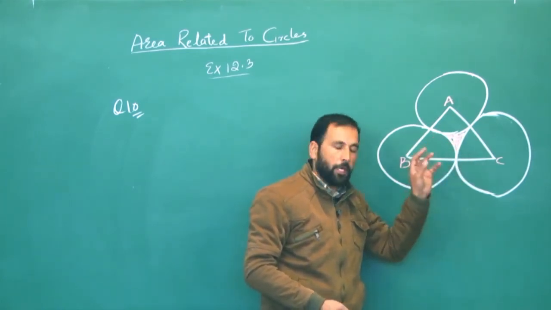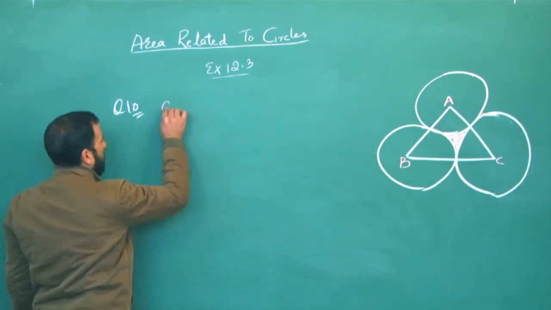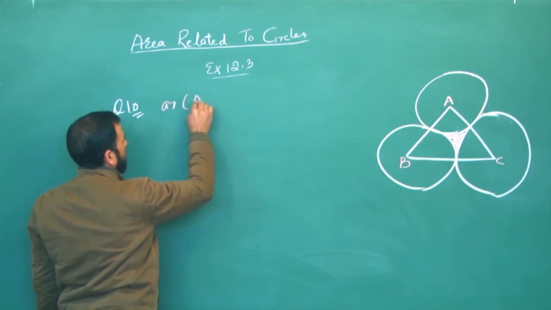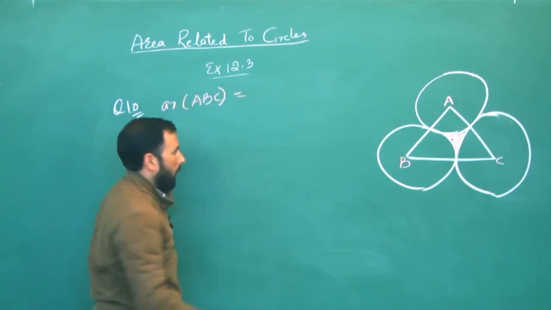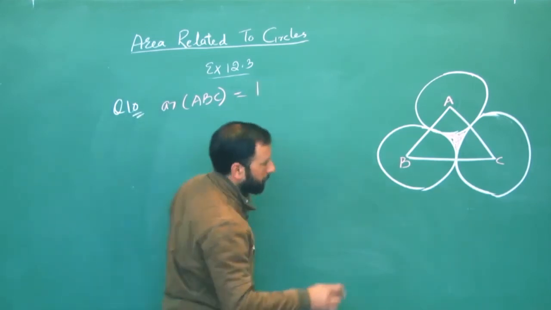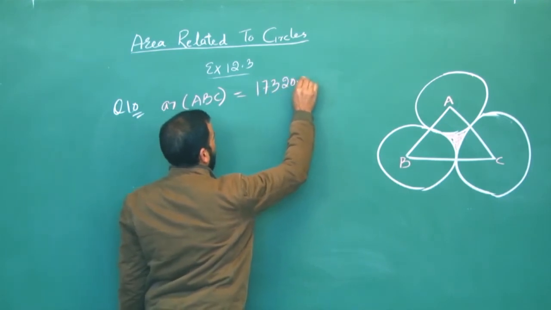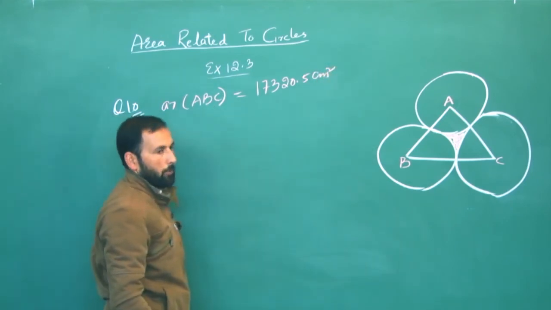But here the area of the equilateral triangle is given. So the area of triangle ABC, it is given, is 17320.5 centimeter square.